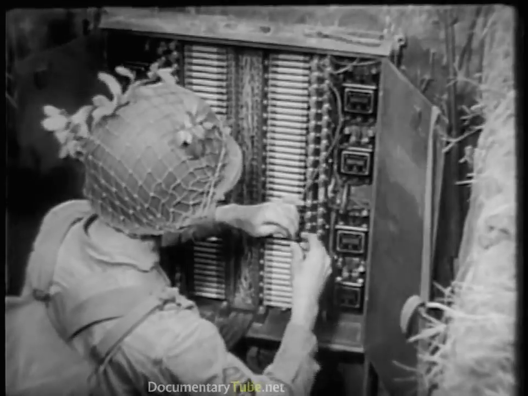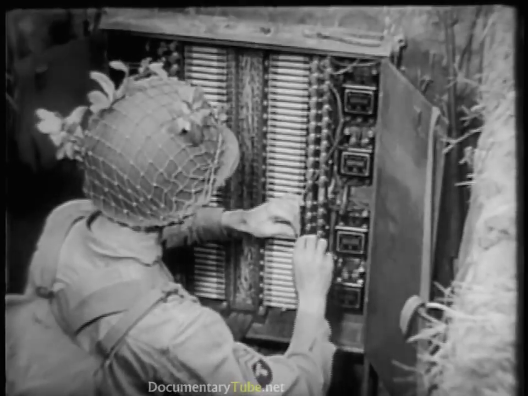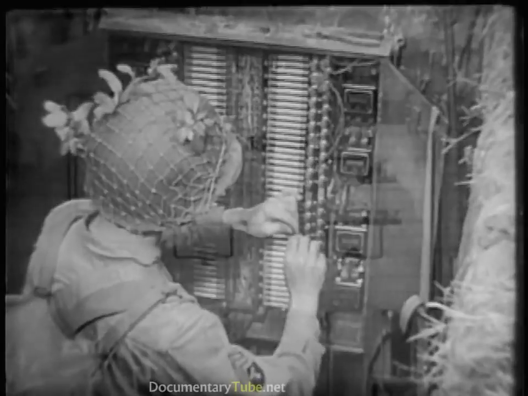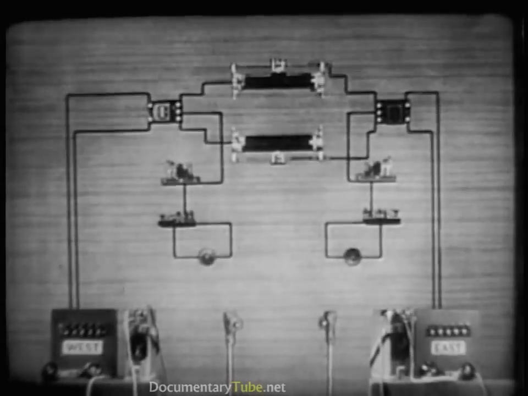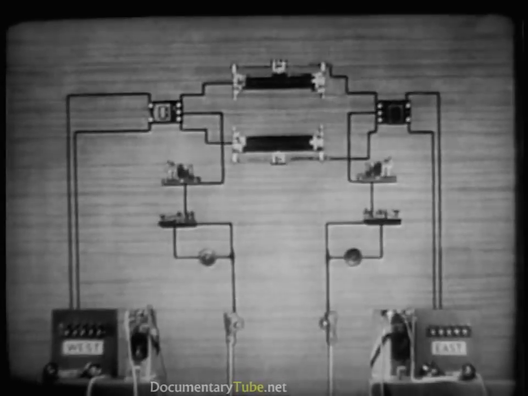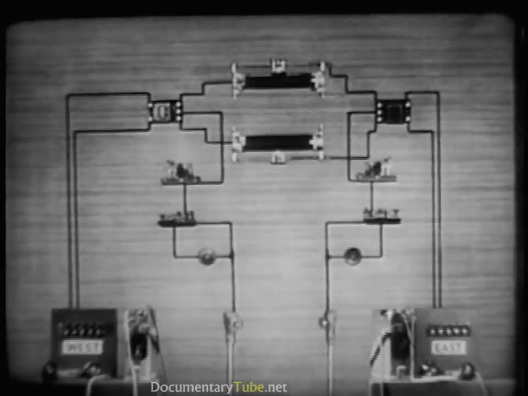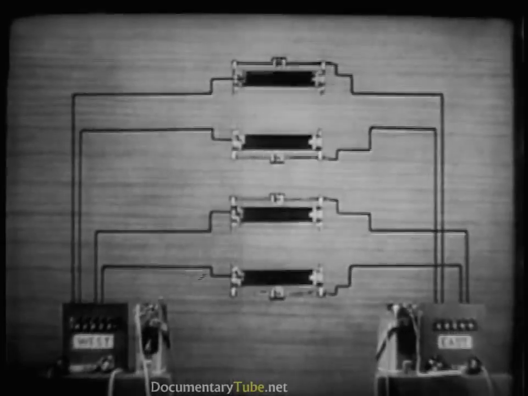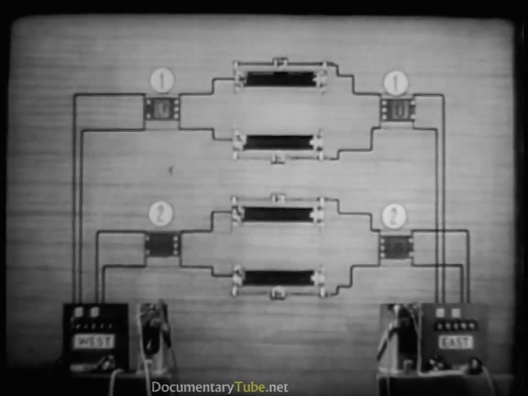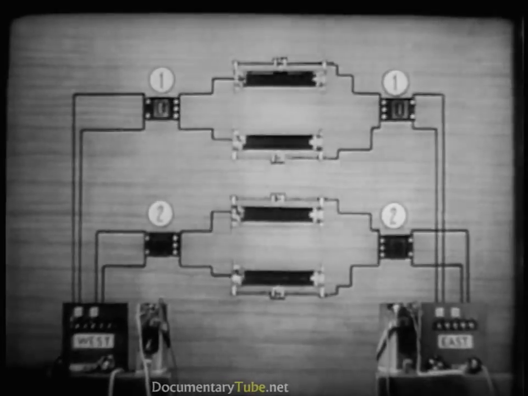Simplex and phantom circuits are used extensively throughout the Army. Every wireman should know how they work. The simplex circuit is obtained by repeating coils at both ends of a line and using the earth as a return conductor. The phantom circuit is obtained by connecting repeating coils at both ends of 2 lines.